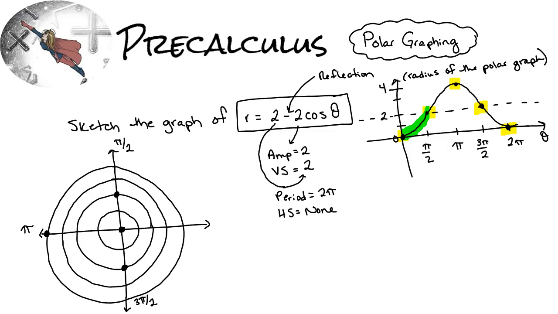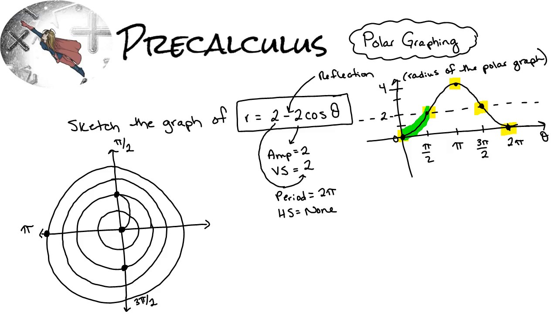So now that green portion that I highlighted, the radius is just increasing until we get to 2. So look back at our polar graph, and that means I would have a curve, starting at the origin and getting bigger until it reaches up to 2.